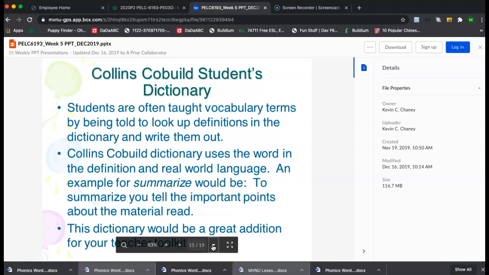For example, summarize. That means to summarize, you tell the important points about the material read. It's in kid-friendly language, and they understand it. This would be an excellent resource to add to your professional library.